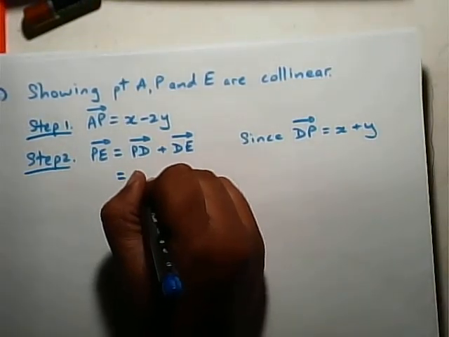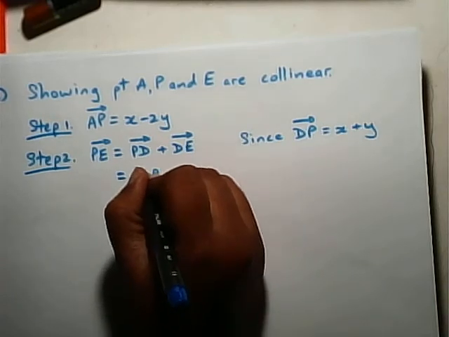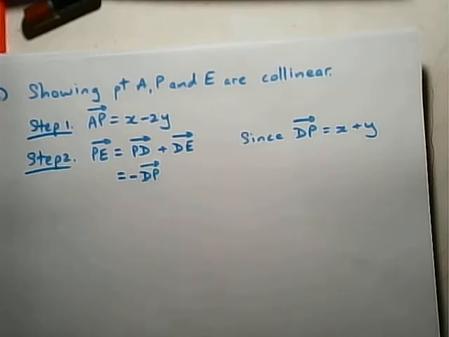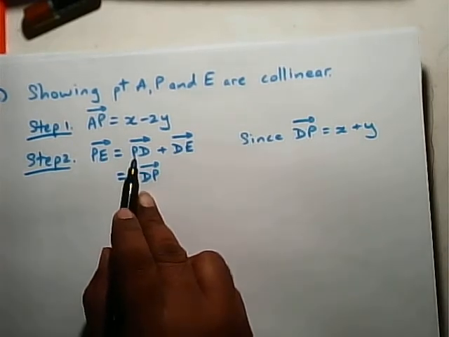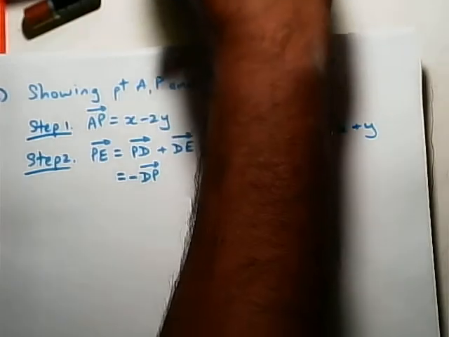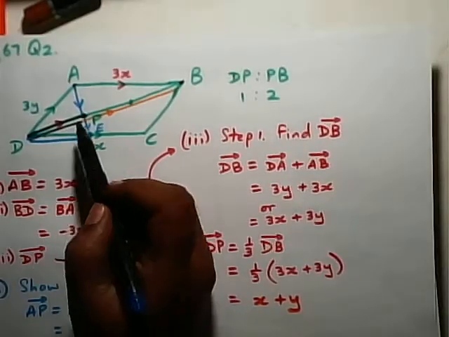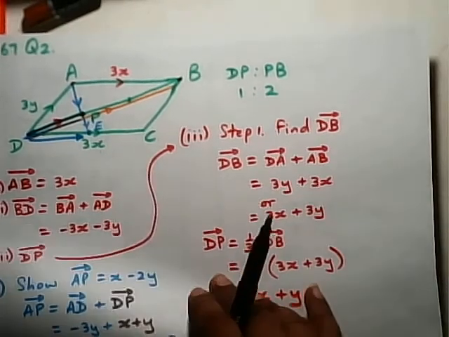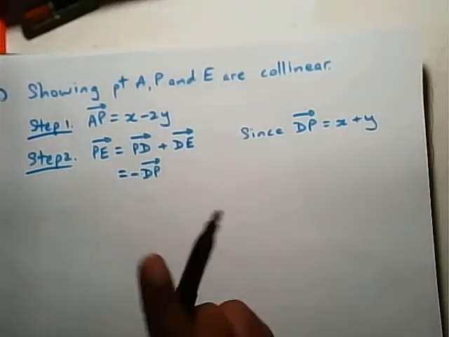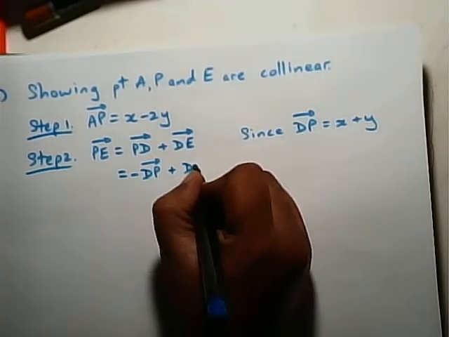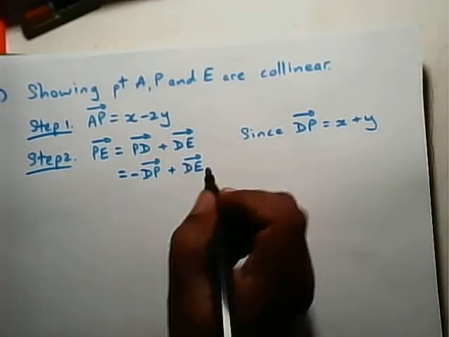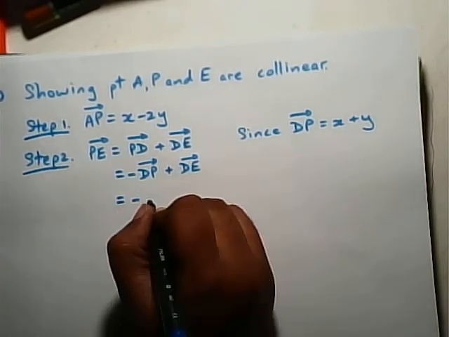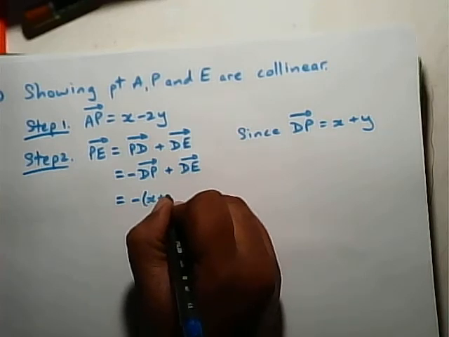So put it this way. It is DP in reverse. Do you understand that? PD is the DP in reverse here, and then we add DE. We know DP is x plus y, so we need a minus (x plus y).